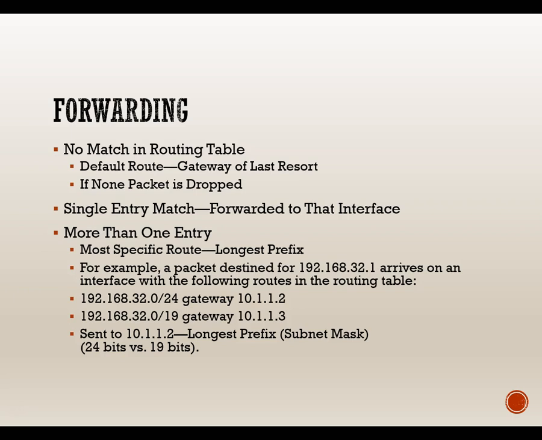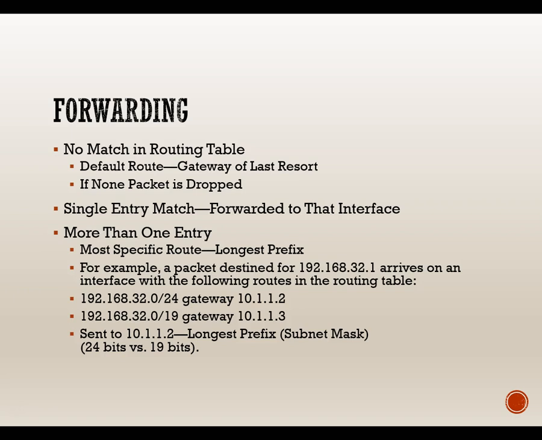Let's go through longest prefix. For example, a packet destined for 192.168.32.1 arrives on an interface with the following routes. 192.168.32.0 with a 24-bit mask goes out to 10.1.1.2, and this could happen. And then 192.168.32.0 with a 19-bit mask goes to 10.1.1.3.